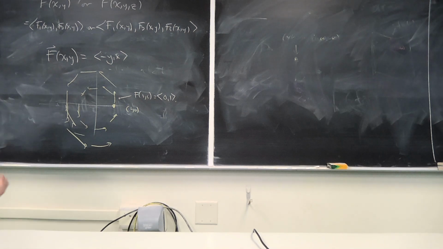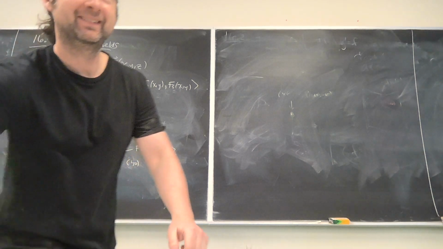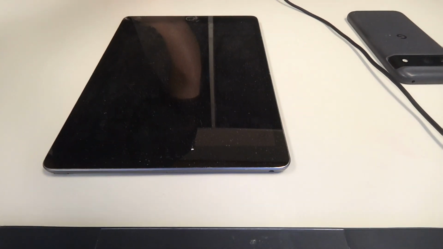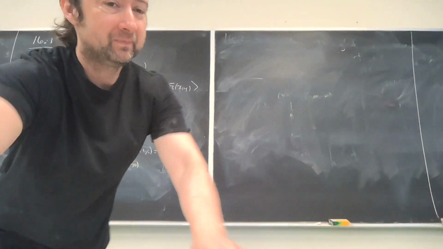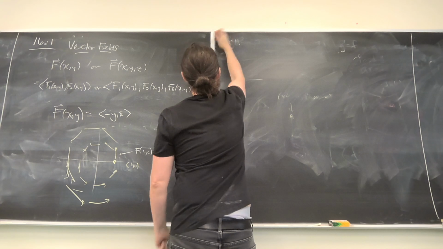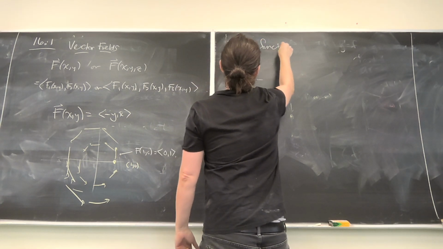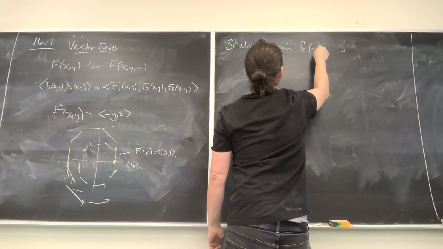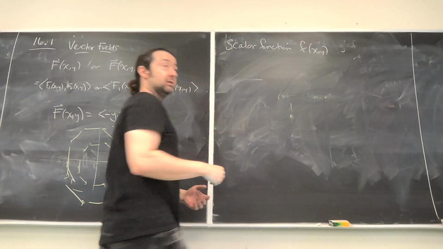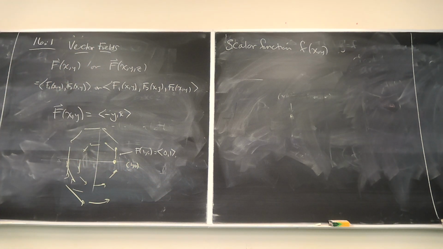So the single most important kind of vector field comes from scalar functions. So if I write down a scalar function f, say just of x and y in this case, because it makes our life easier, but I could have f of x, y, z as well. And I want to create the easiest possible vector field from that function. What can I do?